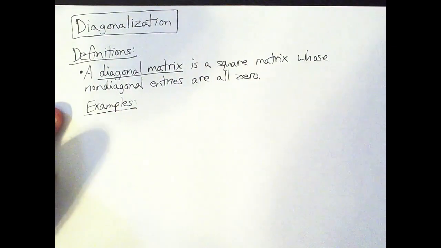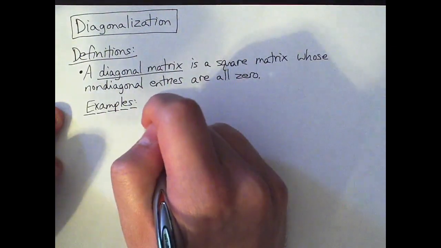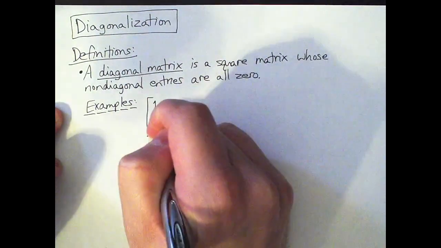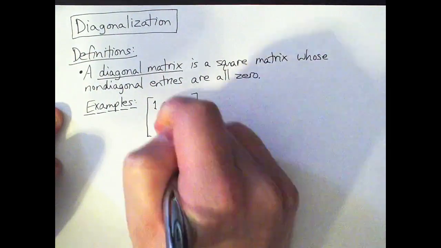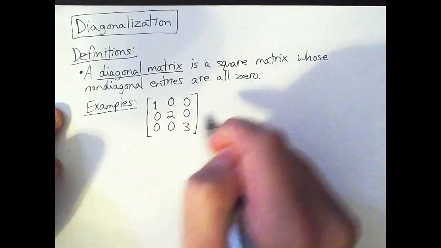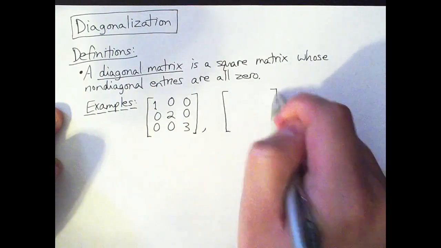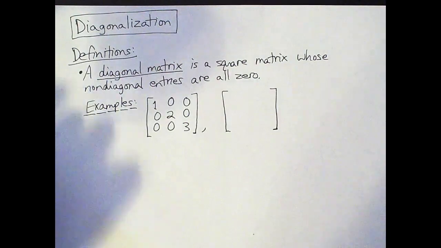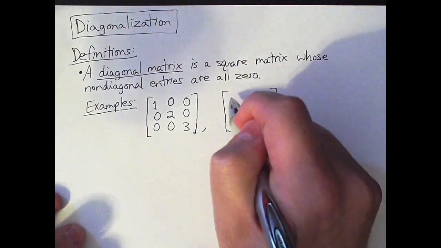Examples of diagonal matrices. Well, whatever I make has to be square. Let's do some 3 by 3 examples. So for example, the matrix with 1, 2, 3 on the main diagonal and zeros everywhere else. That's a diagonal matrix. I guess the identity matrix would be another example. How about this one?